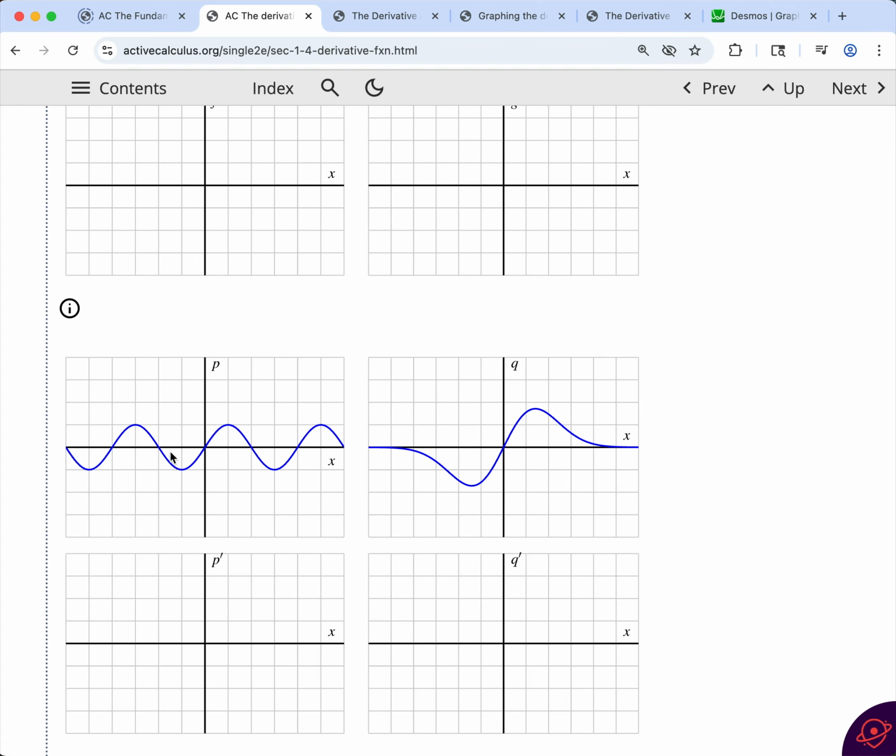Now, from your 154 class, you should recognize this as what trig function? It kind of looks like a sine going up to pi over 2, down to 0 at pi, down to negative 1 at 3 pi over 2, back to 0, and so on. So what's the slope right here? Well, it looks pretty close to 1, maybe a little steeper than 1.